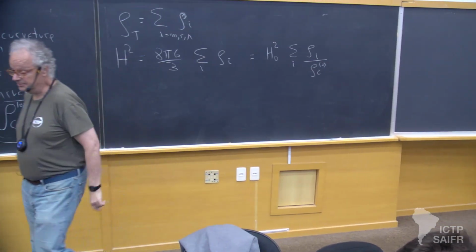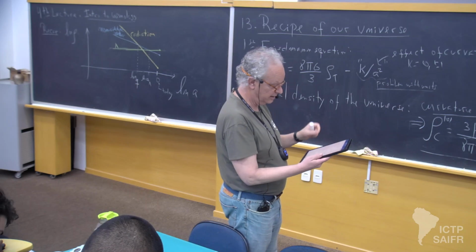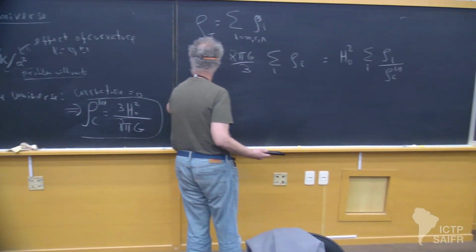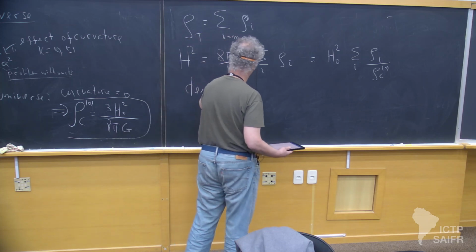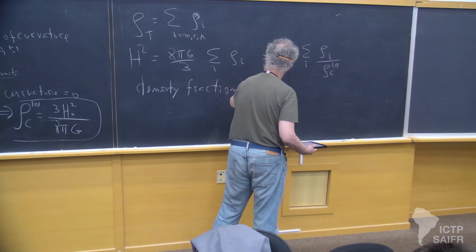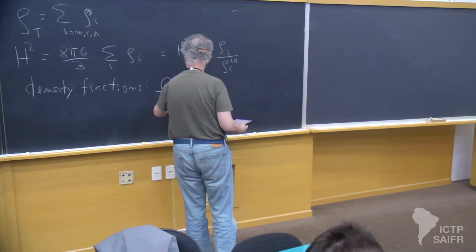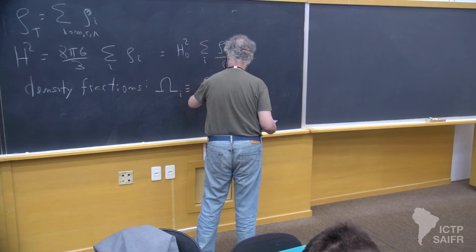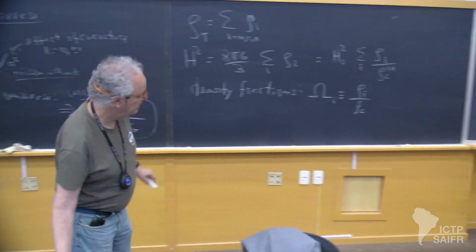And now I can define what are called the ratios of the densities, or the density fractions. These omegas are density fractions.